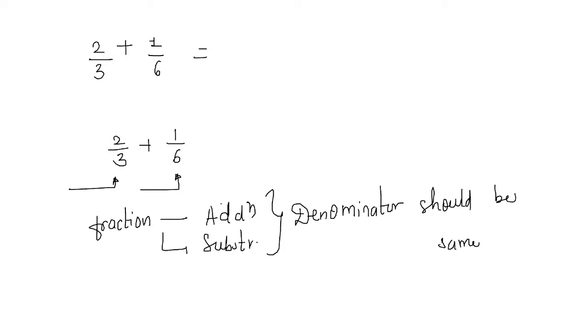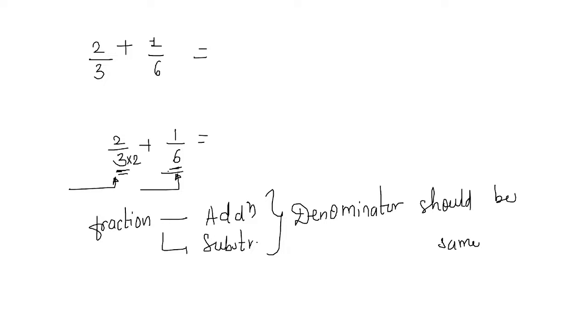Look here, what is the denominator over here? It's 3, here it's 6. So can we carry out the addition directly? No. First of all, you have to make the denominator the same. To make the denominator the same, I can multiply 3 with 2. If I multiply 3 with 2, I'll get 6. So the denominator on both sides will be 6, 6, correct, Chandan?